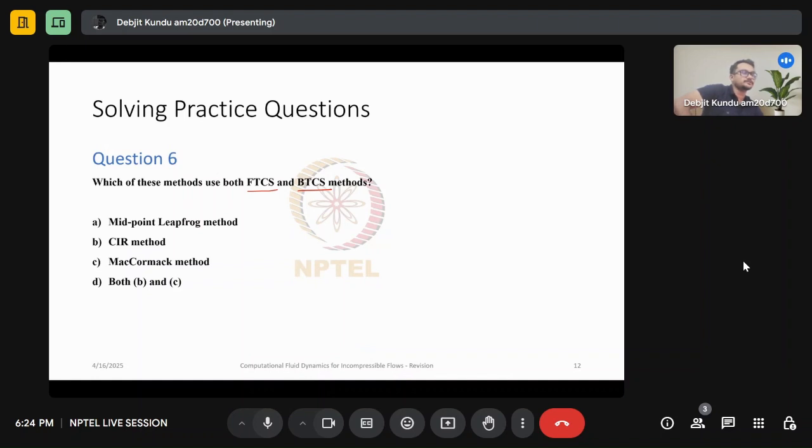Is it option B, CIR method? Is it option C, McCormack method? Or is it option D, both B and C? So FTCS and BTCS, meaning forward in time central space as well as backward in time central space.